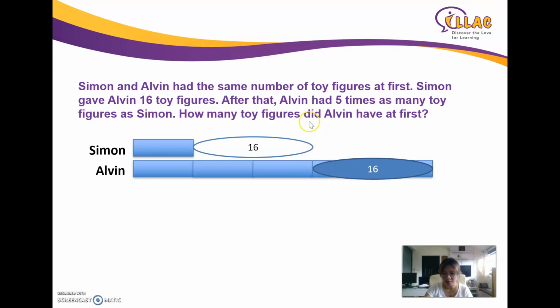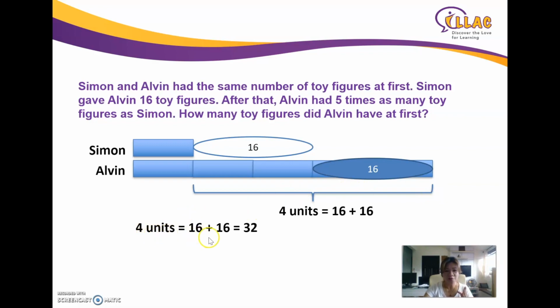So if Alvin doesn't have this 16 and Simon has the 16, they are supposed to have the same. So there should be a line over here that tells you that they are the same. Therefore, what tells you is that this whole 4 units, if this part is 16 and this part is 16, this poking out 4 units is actually 16 plus 16.